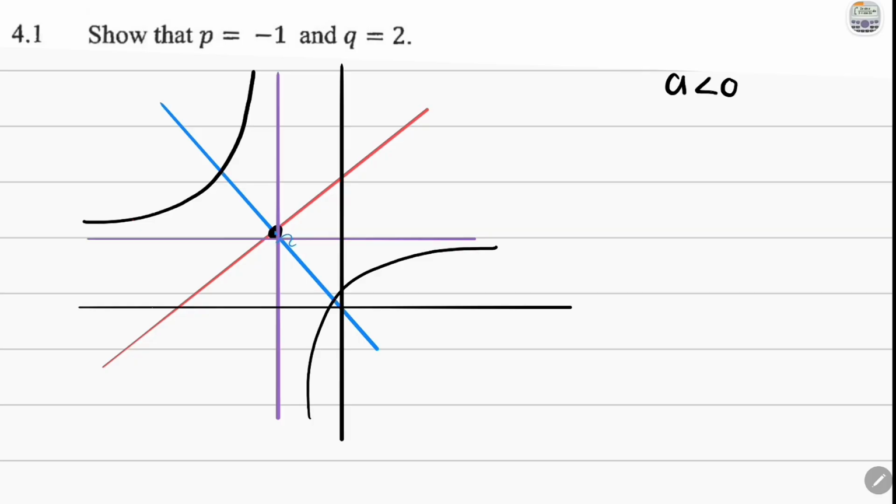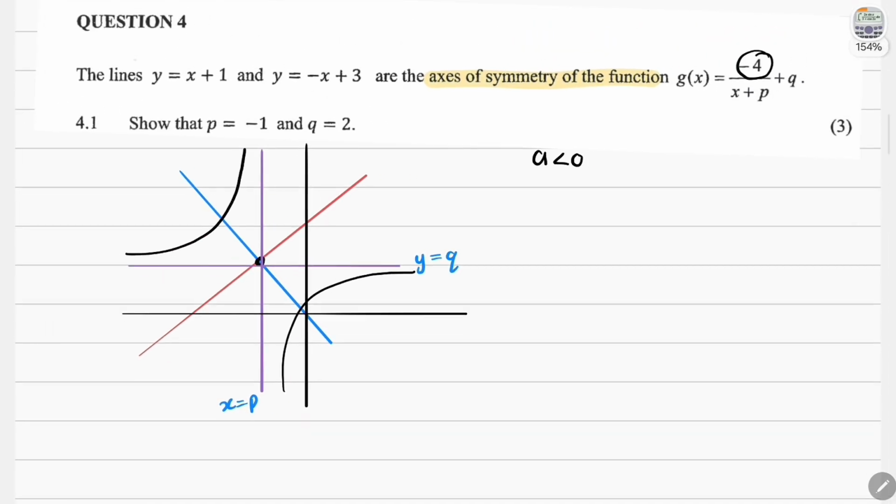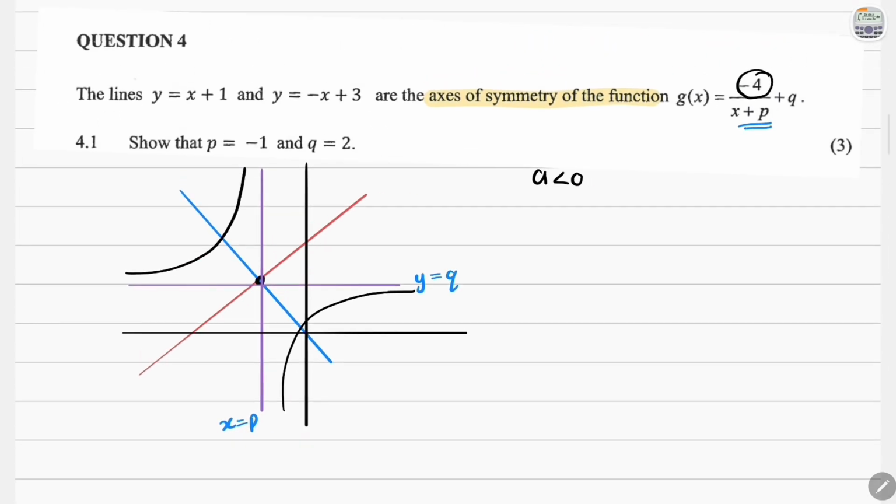So the x value of that point of intersection is the x value that belongs to your vertical asymptote, that x equals p. And the y value of that point of intersection is the y value that belongs to that horizontal asymptote, that y equals q. Now, please note that they have said x plus p, so just keep that in mind.